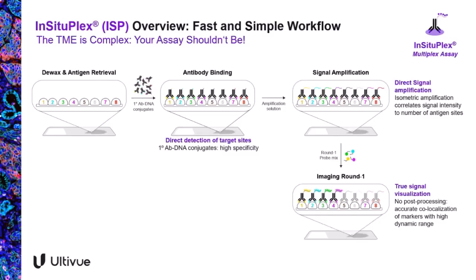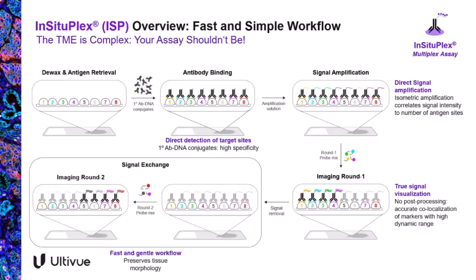This is followed by a very gentle dehybridization step where these probes are removed after the scan, and then the next round starts by depositing the next probe mix and doing the next scan. And again, that's a gentle process. At the moment, we routinely offer 3 rounds, and then the samples can still be used for further analysis.